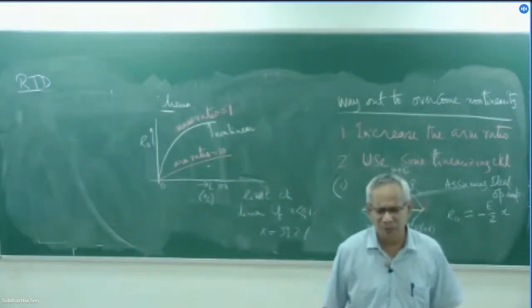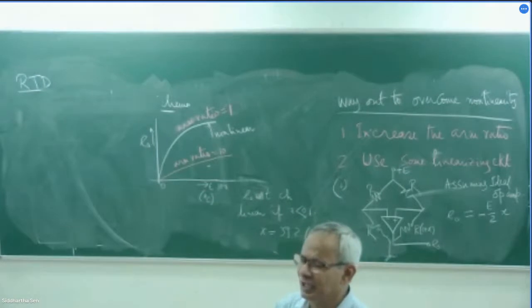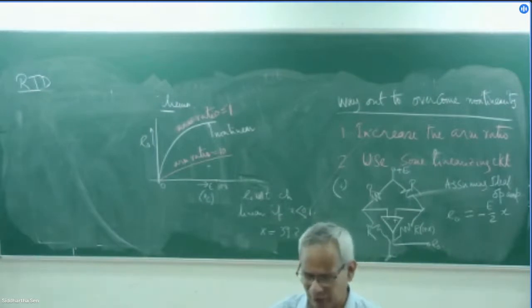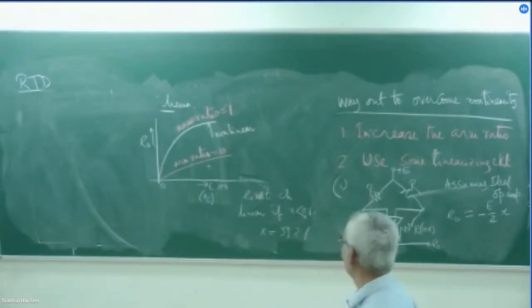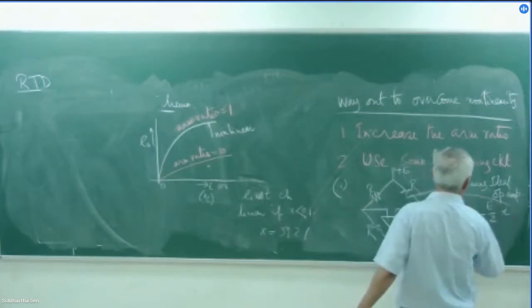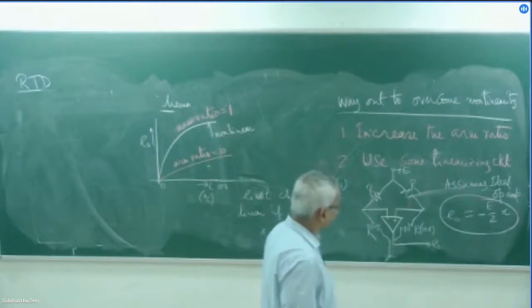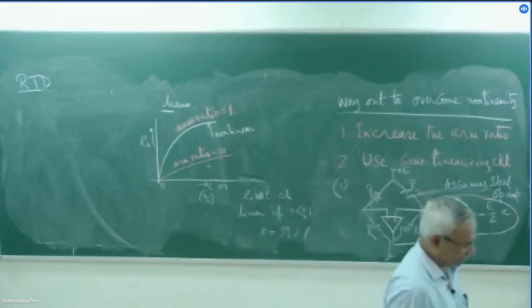You just modify the bridge configuration slightly, and we can use an active element like an op-amp. Assuming the op-amp to be ideal, we can always get E0 proportional to X. But this is not the only scheme.